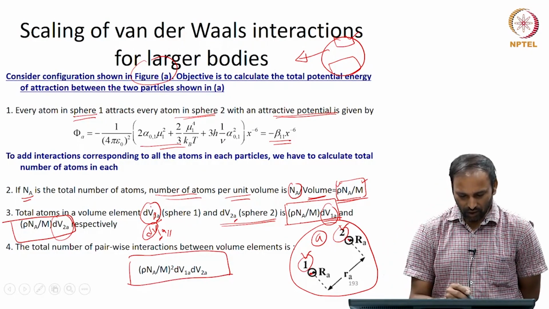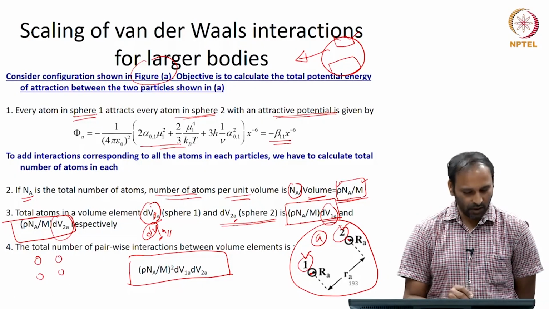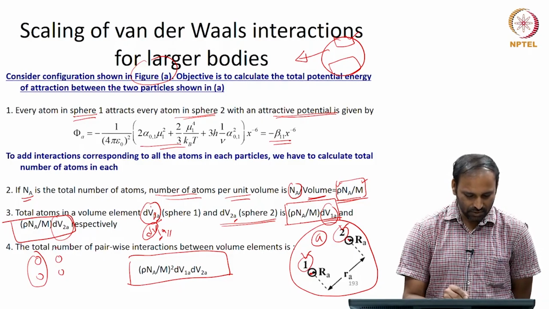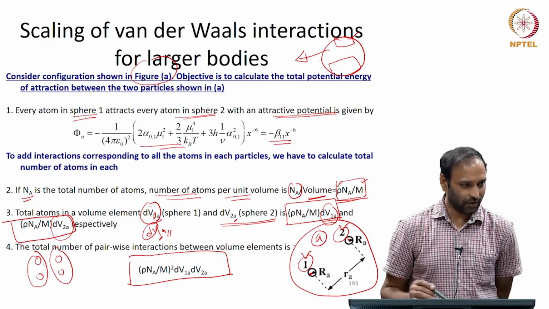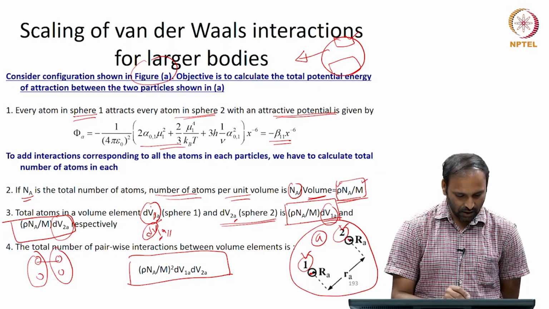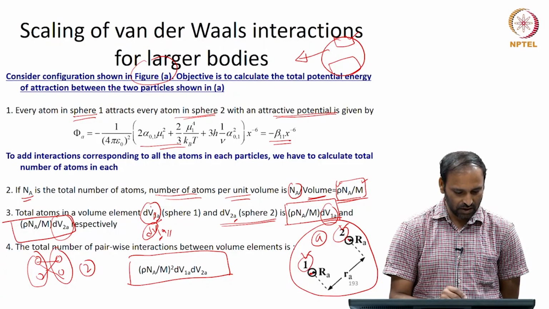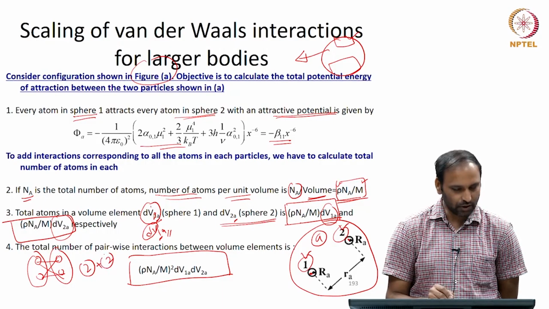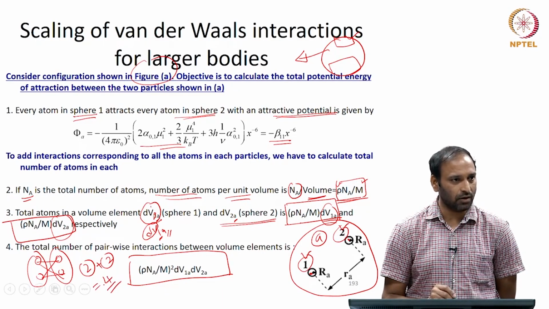One way to think about this would be that imagine I have two particles, just for the sake of simplicity, colloidal particles which have only two atoms each. So the number of pairwise interactions are interaction of this with this and this with this, that makes it 2, and the interaction of this with this and this with this, that makes it another 2. Therefore, the total number of pairwise interactions are 4.